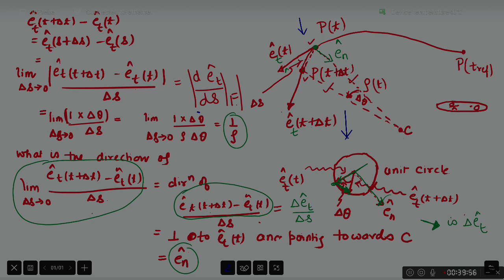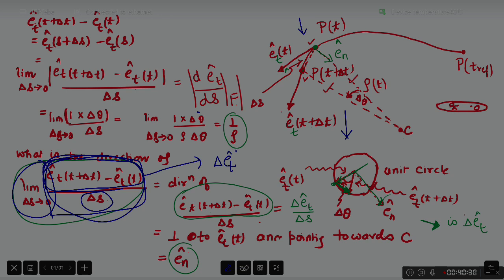My claim is that in this limit, when delta S goes to 0, the direction of this whole thing will be nothing but the direction of delta Et itself, right? Again, we have a vector in the numerator and a scalar in the denominator. So the direction of this whole thing will depend on the direction of the numerator itself. So we have to see what would be the direction of this quantity in the limit delta S going to 0. We go back to this figure.